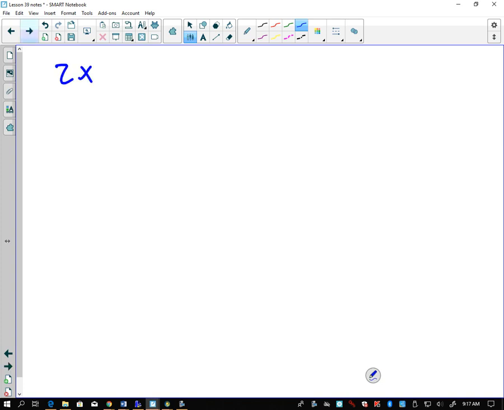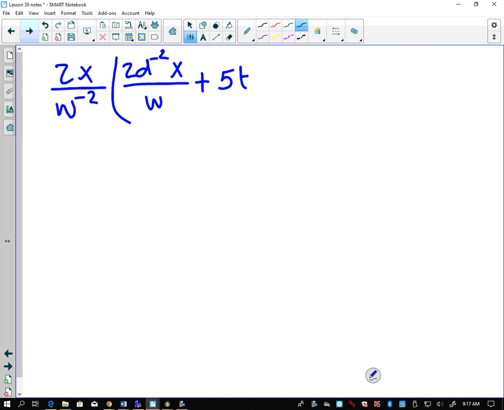We've got z to the x over w to the negative second, z d to the negative second x over w plus 5tz minus 2w to the negative fourth. All right, so just like what we did in the last question, it's probably easiest to get everything in the set of parentheses to be a fraction over 1.